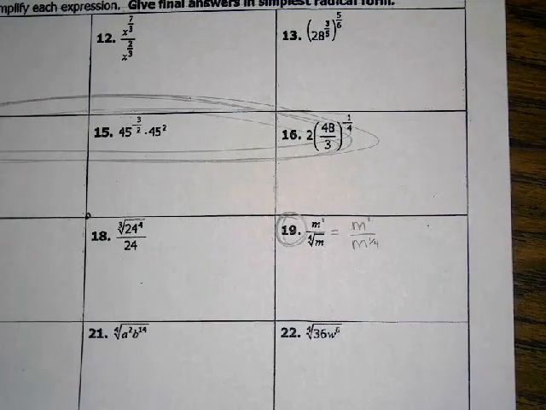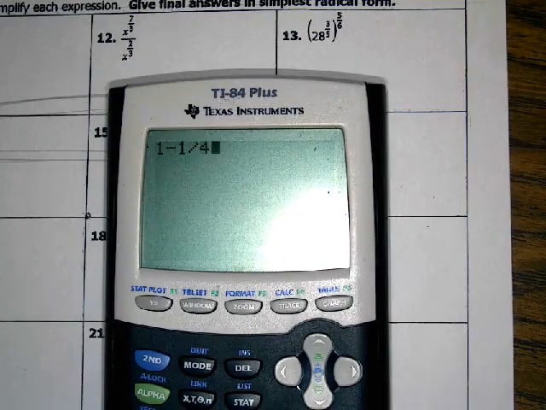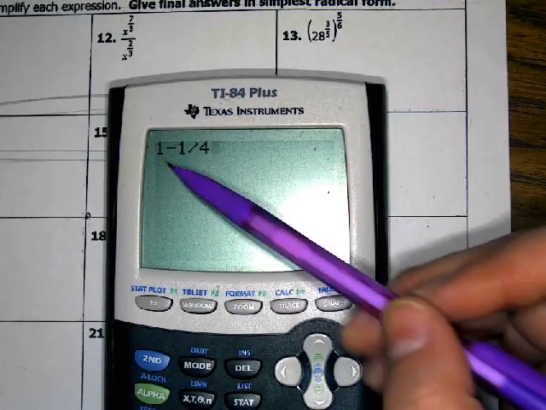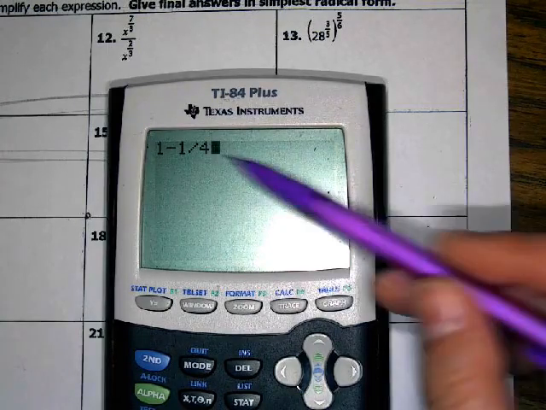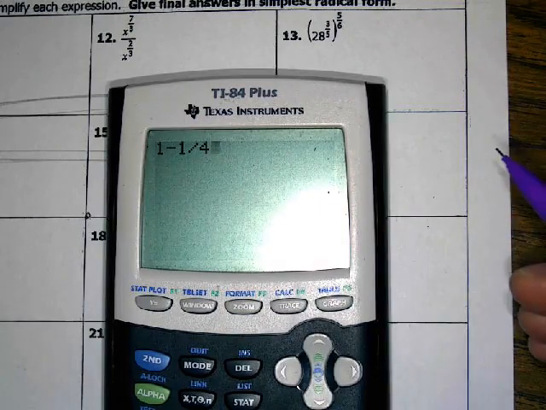If I was subtracting them in a calculator, I would just do 1 minus 1/4, get my answer, convert it into a fraction. Or if I was doing it by hand, I would write the 1 as 4/4, and then subtract them and get my answer. Once you get that, you can convert it back into the radical form.